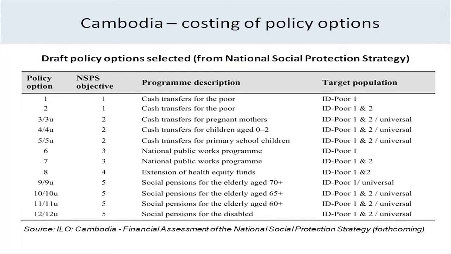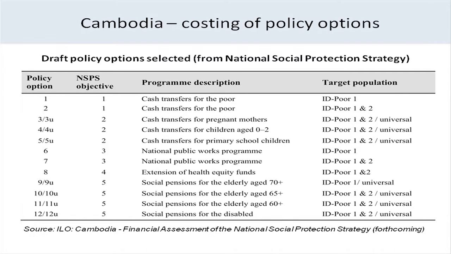Just for illustration, I would like to show some of the results we had in Cambodia with the costing. So here in this table, you can see all the scenarios we selected. And it was selected based on the National Social Protection Strategy that was already mentioned this morning.